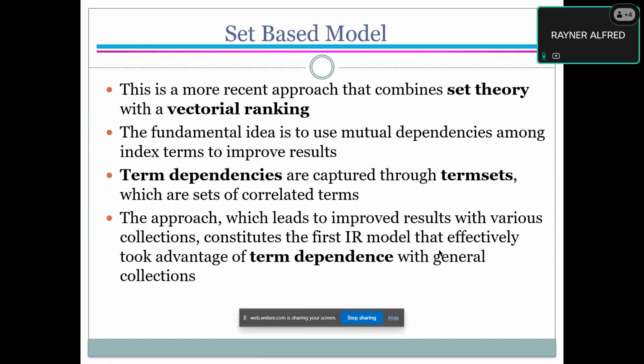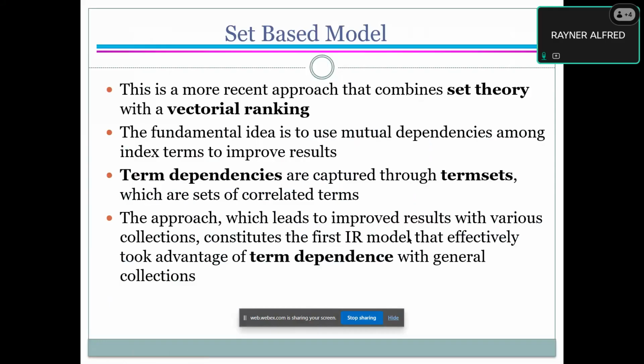By capturing the occurrence of more than one term, we can look at the term dependency. So we introduce this called term set to capture the term dependency.